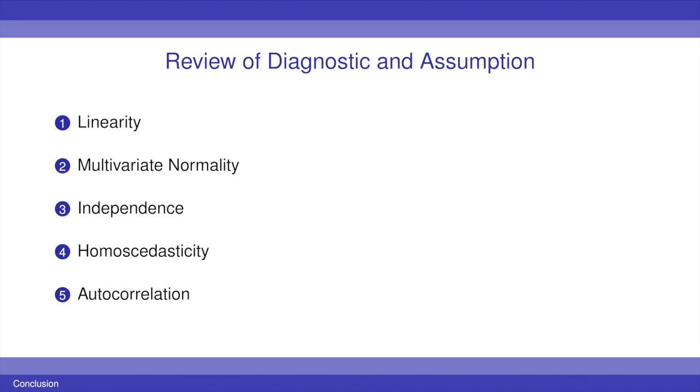We also checked to see if our residuals were normally distributed by looking at the QQ norm plot and the Shapiro-Wilk test. Both of these tests showed us that the data is non-normal.